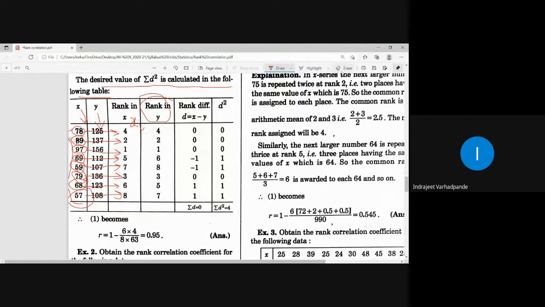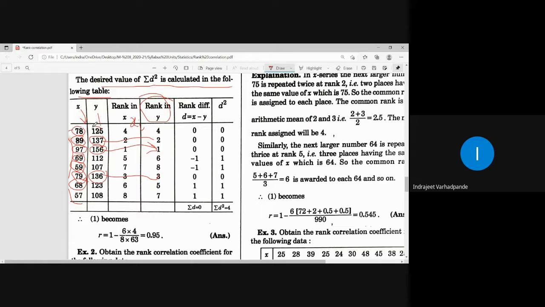Looking at the observations in the column of y, I will give the ranks. What is the highest number of all? 156 is the highest, which is assigned rank 1. Lower than 156 is 137, which will be assigned rank 2. 136 will be assigned 3.